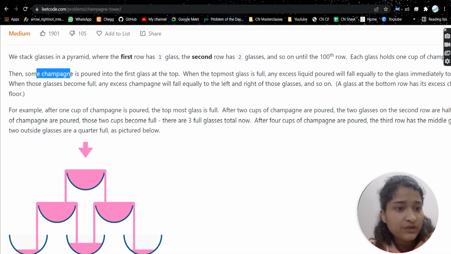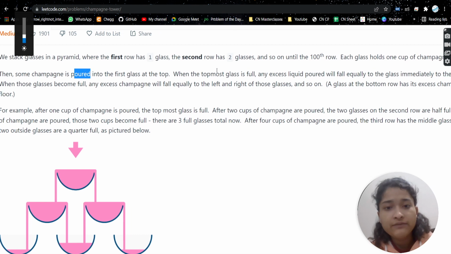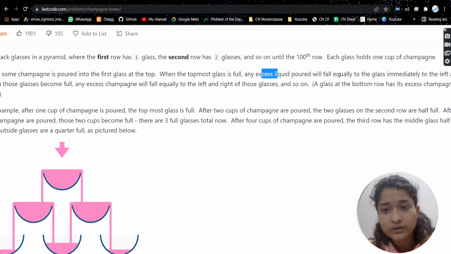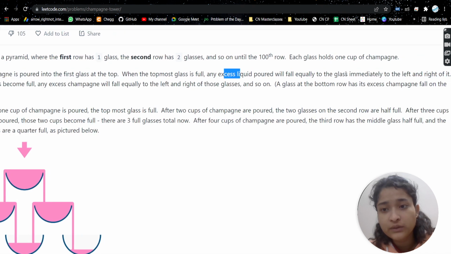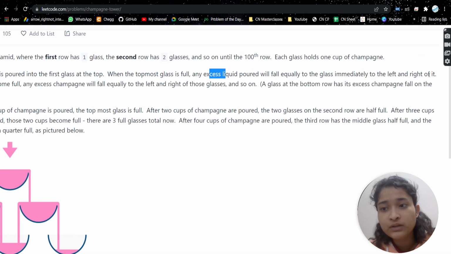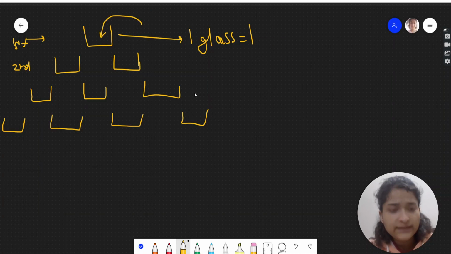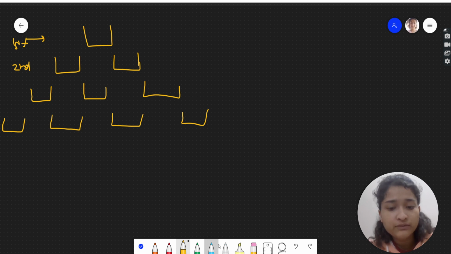Then some champagne is poured into the first glass at the top. So in the first glass, which is at the top, some champagne is poured, and when the topmost glass is full, any excess liquid poured will fall equally to the glass immediately to the left and right of it. For example, let's say over here I am pouring one cup of champagne, right?